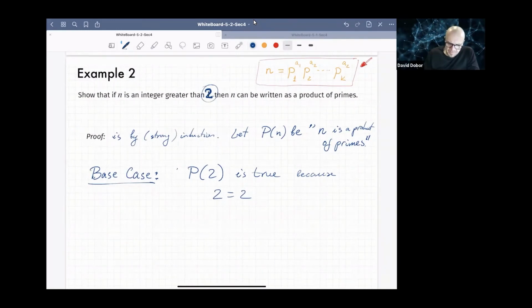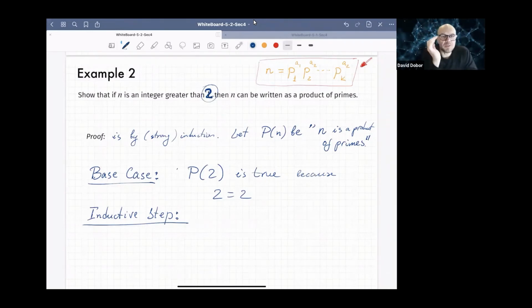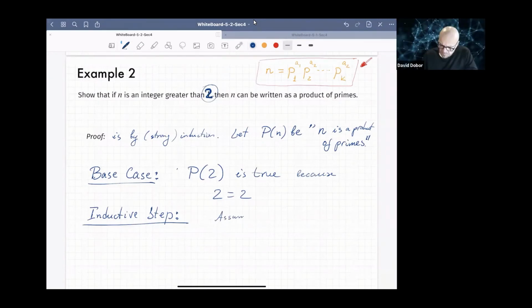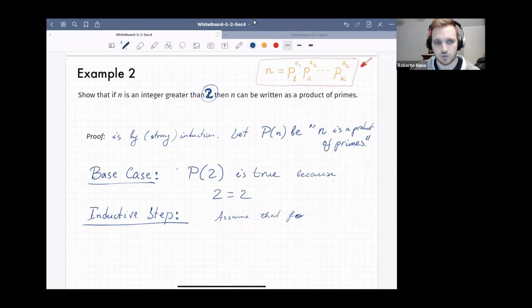How about the inductive step? What am I proving here? Now, if I were using just the usual induction principle, what would I be proving here? We would assume that there's some arbitrary k, and that P of k is true. And then we're trying to prove the implication that P of k plus 1 is true. Exactly.